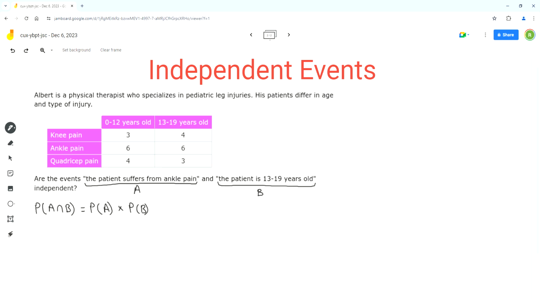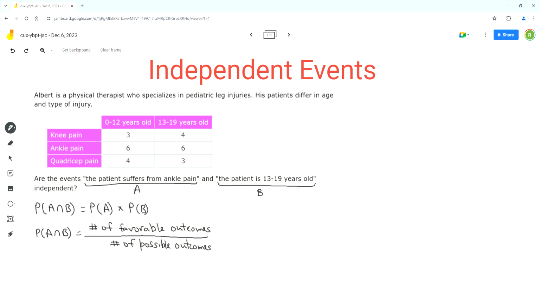So let's start by calculating probability of A and B or probability of A intersection B. The formula for theoretical probability is number of favorable outcomes over number of possible outcomes.